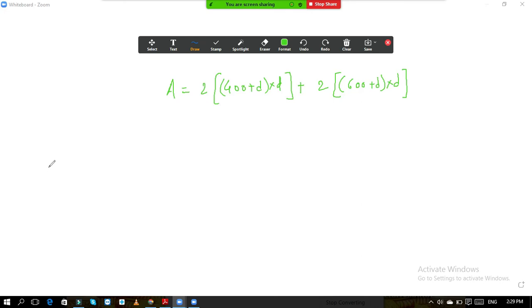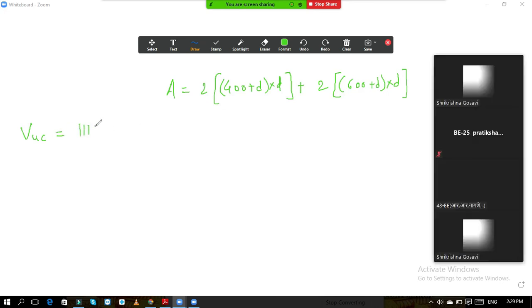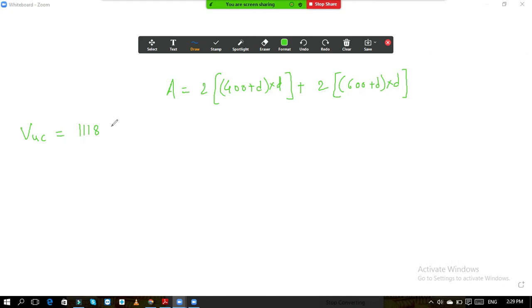So I will write all the things collectively. Shear resisted by concrete, VUC, is equal to tau c, 1118, into b d, means this area.